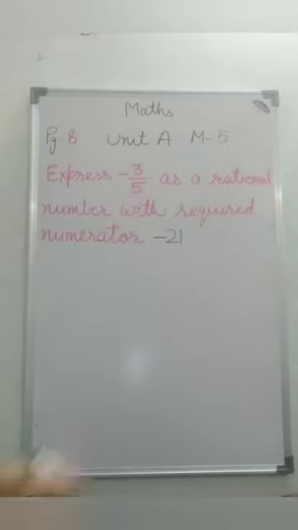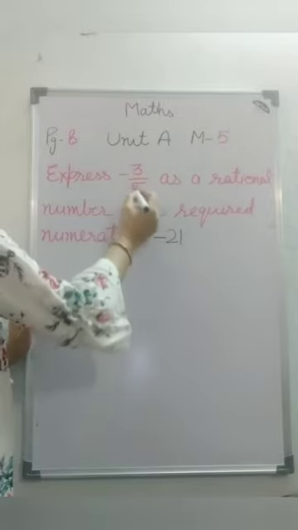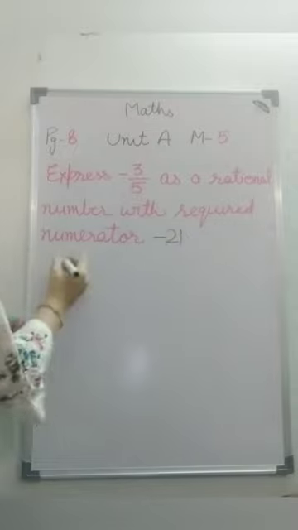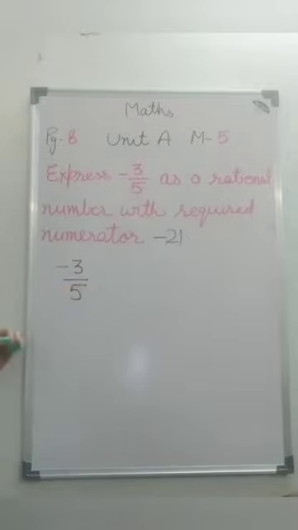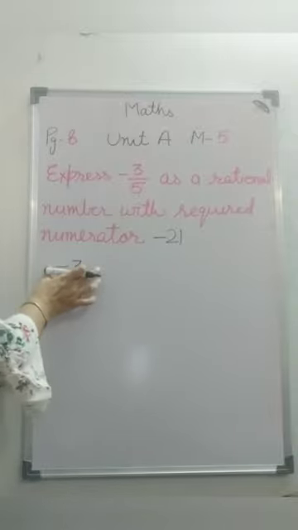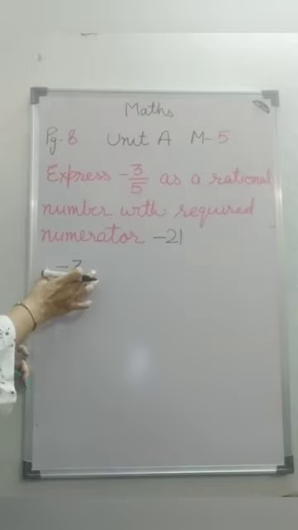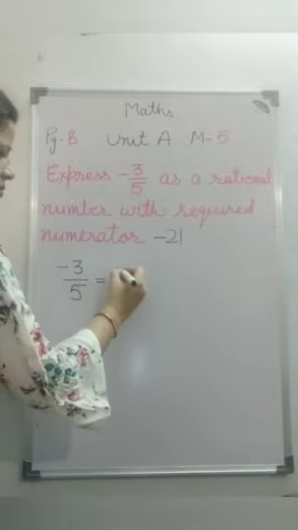For example, this time we have to convert the numerator of minus 3 upon 5 to minus 21. It means we need a negative numerator. Here we already have a negative numerator, so there is no need to multiply by minus 1 upon minus 1. We directly multiply by the required number.